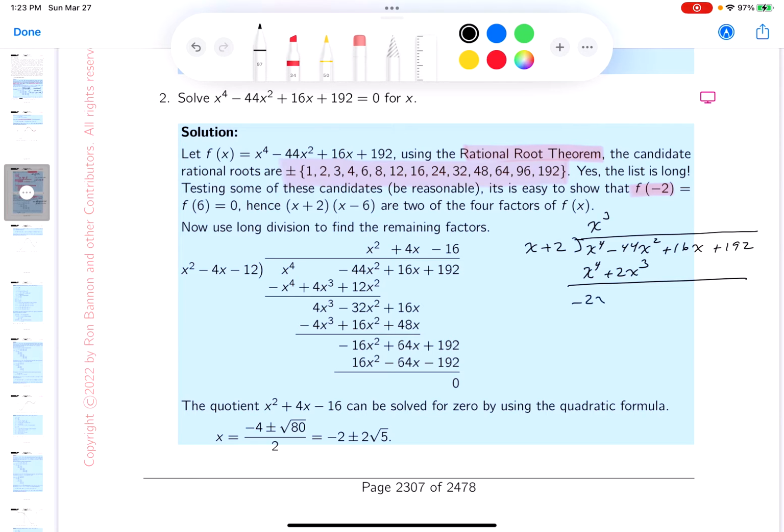Subtract. This is going to work out nicely. Don't worry about that. And if it doesn't work out nicely, something's horribly wrong with what I'm doing. Let's see, minus 2x squared. That would give me minus 2x cubed minus 4x squared. Subtract. Let's see, what do you get there?